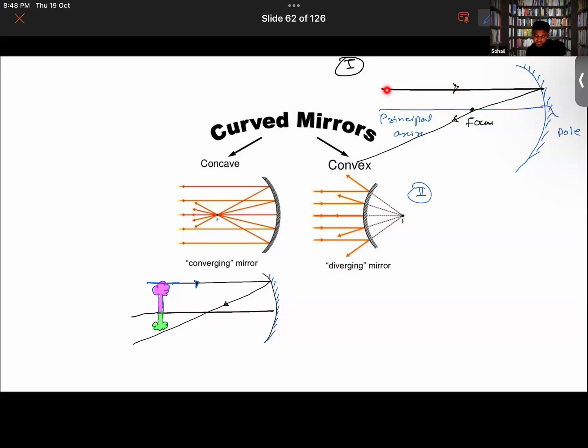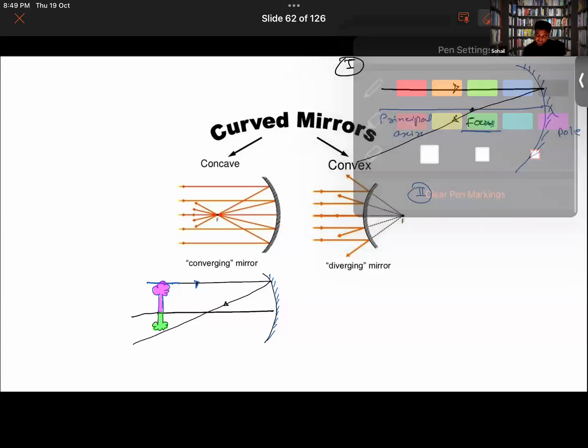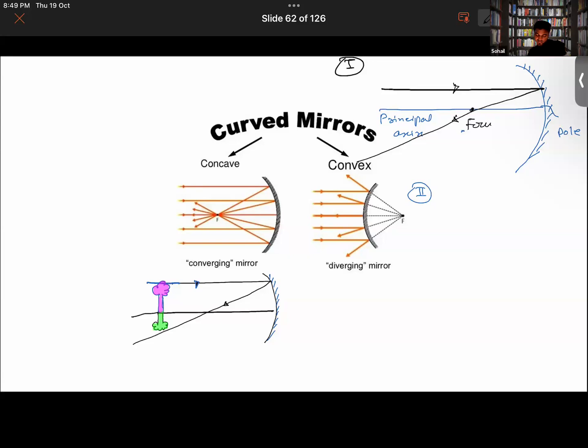This is an incident ray falling on this concave mirror on this part here, and from here it will get reflected back and pass across the principal axis. The point where the principal axis and this reflected ray meet is called the focus. Getting it now?